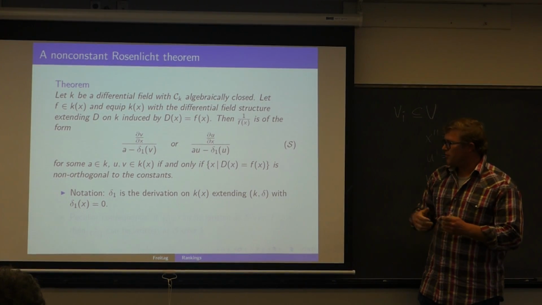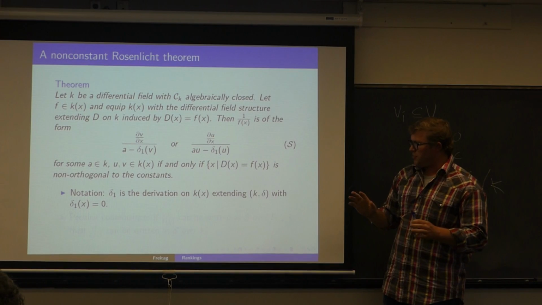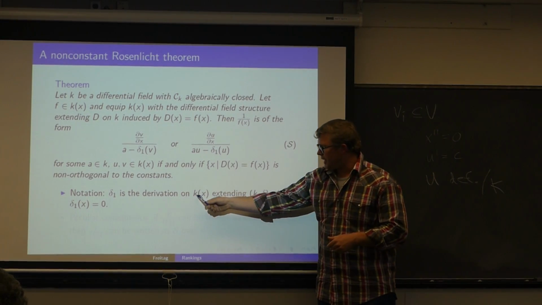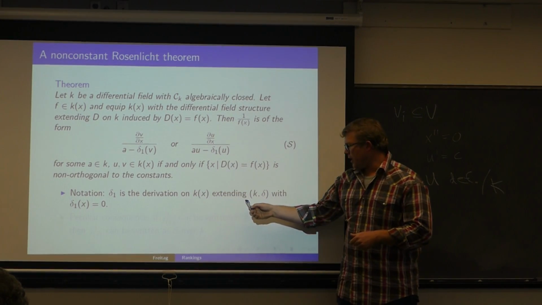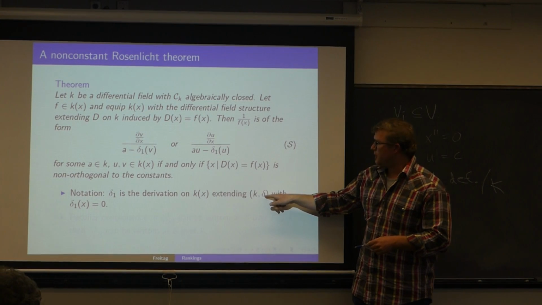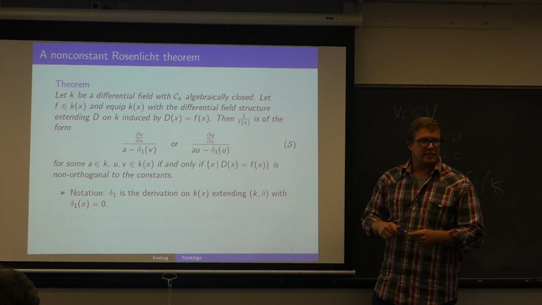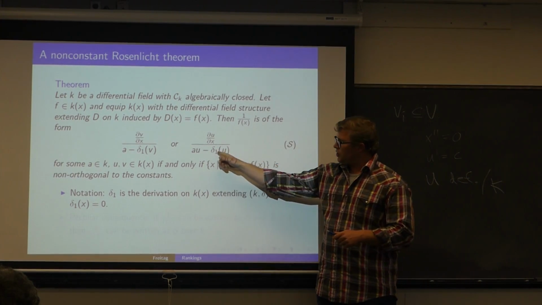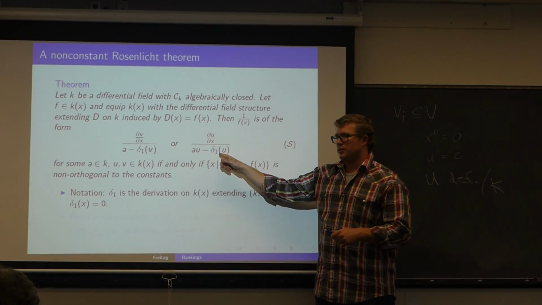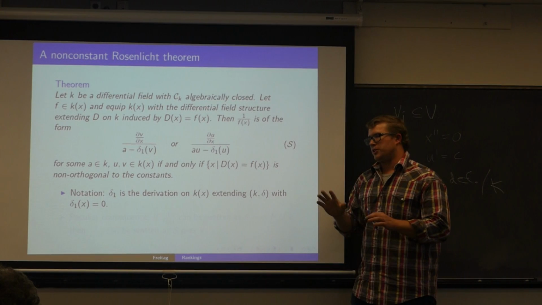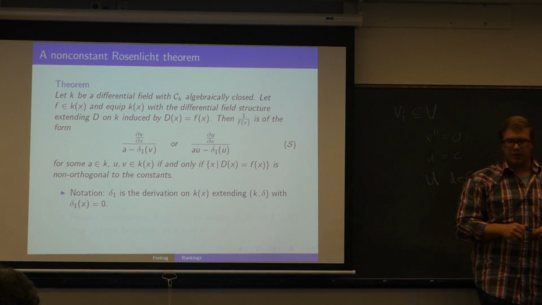And delta 1, the notation just means it's the derivation obtained on k of x, where I extend the derivation on the base field, delta on k, by making x a constant. So you can think you're just differentiating the coefficients of the polynomial or rational functions in a way. It's a little more complicated, but not much.